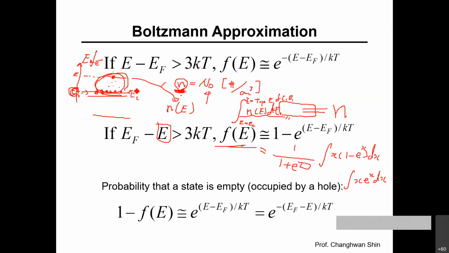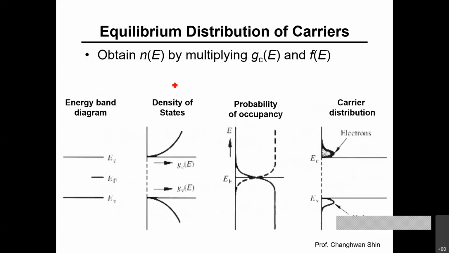However, from now on, I will try to find the analytical equation for N of E, the number of electrons as a function of energy, especially in the conduction band. For all the energy states, how many free electrons can exist? That's the question, okay? So today, let's solve this problem. The answer can be found on the right-hand side, the carrier distribution here, versus the energy of the electron.